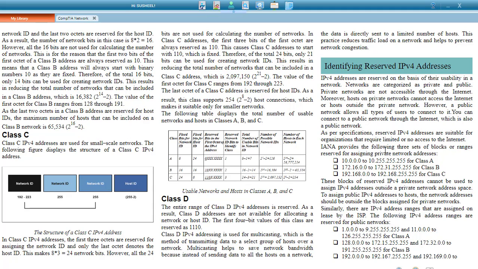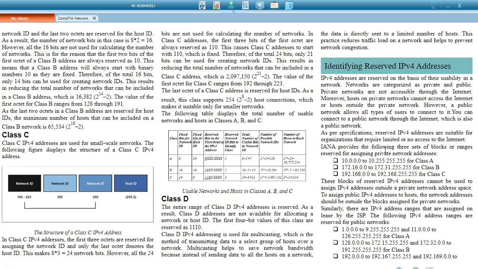In Class C addresses, the first 3 bits of the first octet are always reserved as 110. This causes Class C addresses to start with 110, which is fixed. Therefore, of the total 24 bits, only 21 bits can be used for creating network IDs.